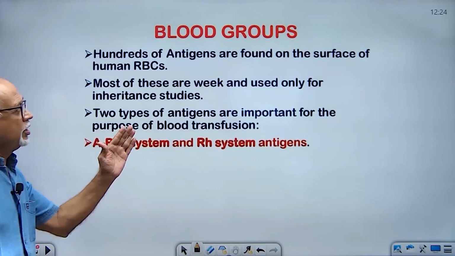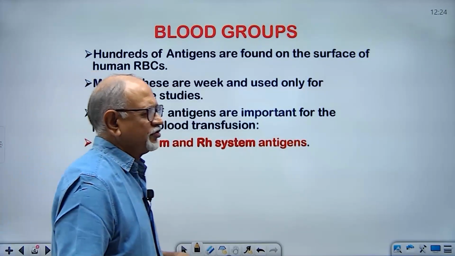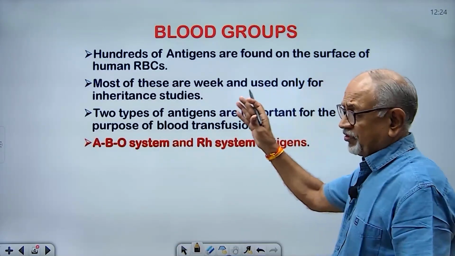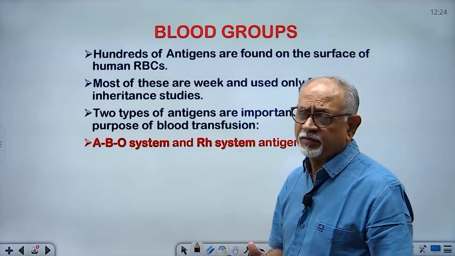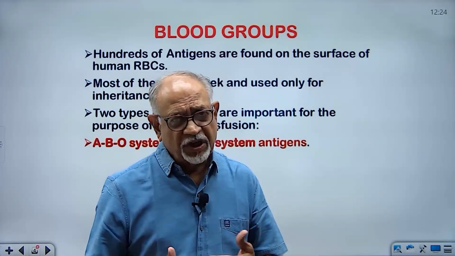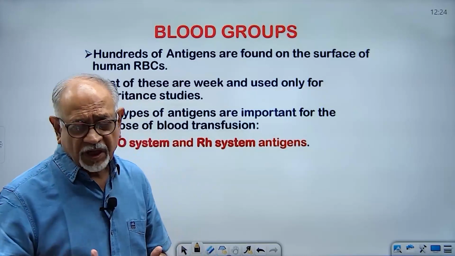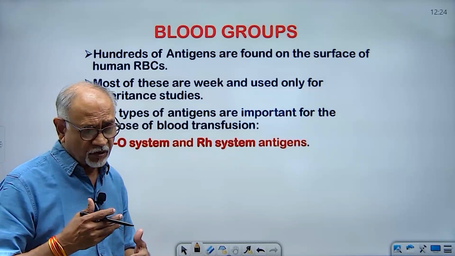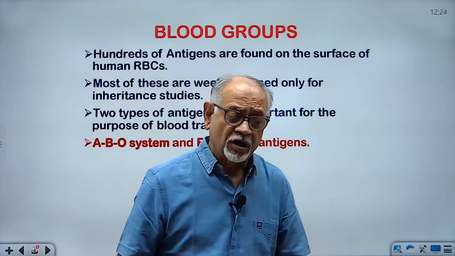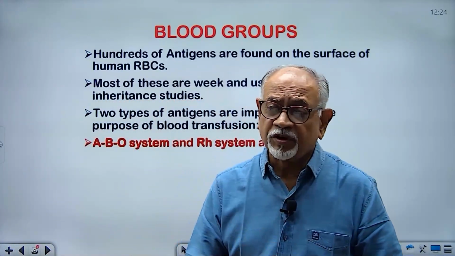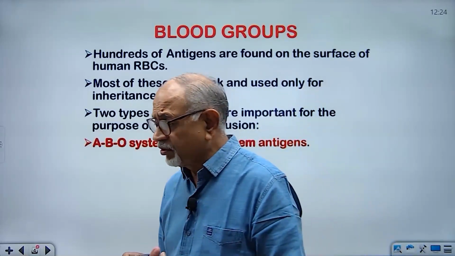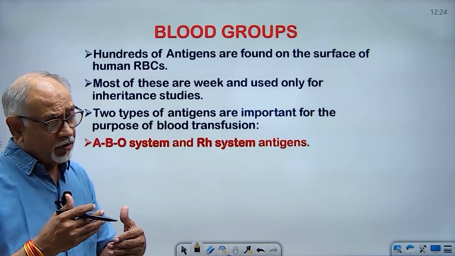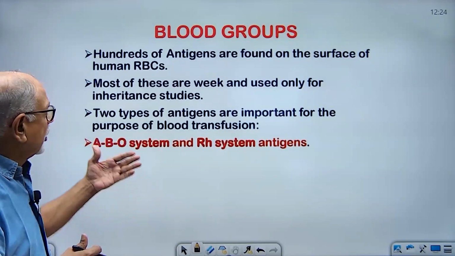Now, there are hundreds of antigens found on the surface of RBCs. You know, the proteins are the basic component of antigen. So, since the surface of blood cell is made up of protein, one of the component is protein. So, those antigens are present on the RBC, but not all of these are important from the point of view of blood transfusion.